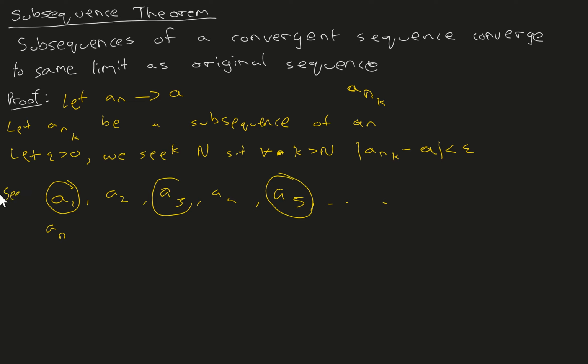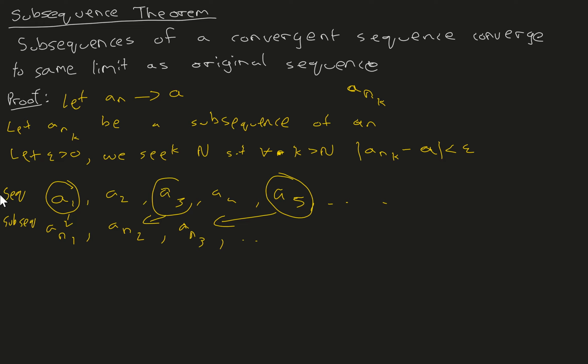This is the sequence and this is the subsequence. We get the subsequence as a_n1, a_n2, a_n3, and so on, with a_n1 representing a1, a_n2 representing a3 of the original sequence, and a_n3 representing a5 of the original sequence.